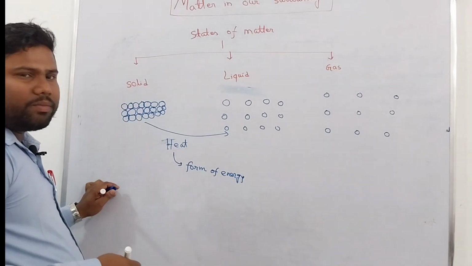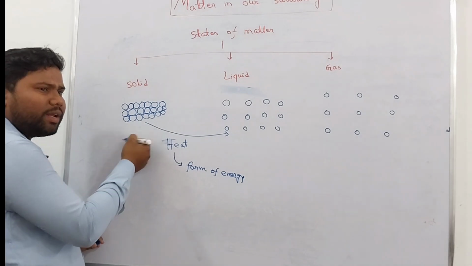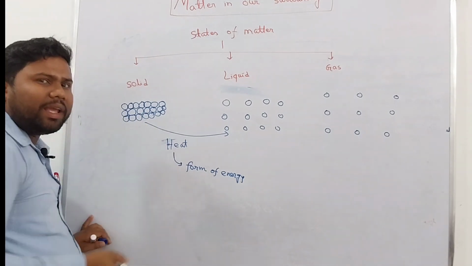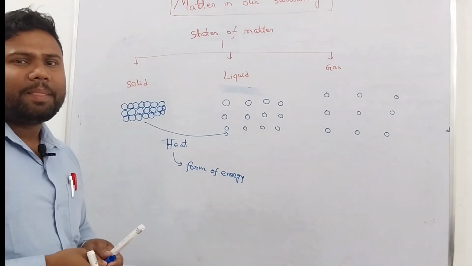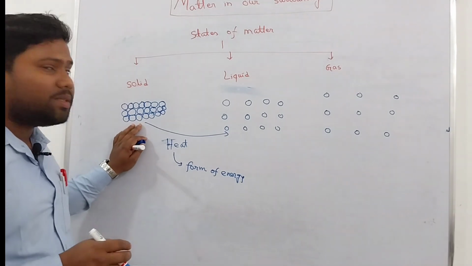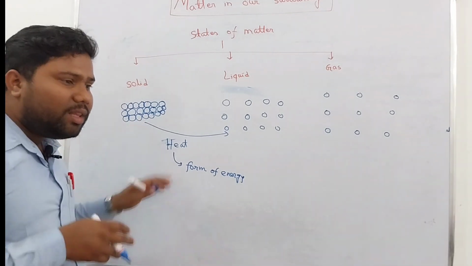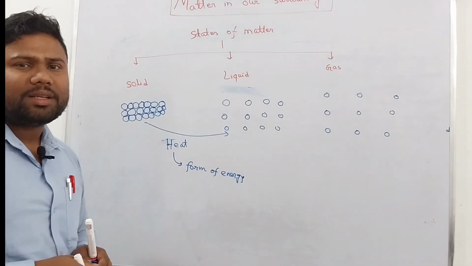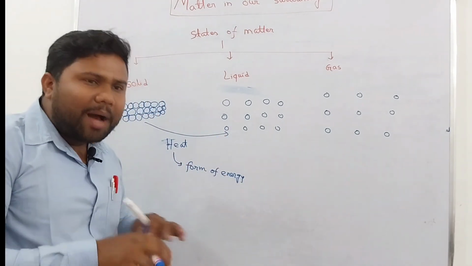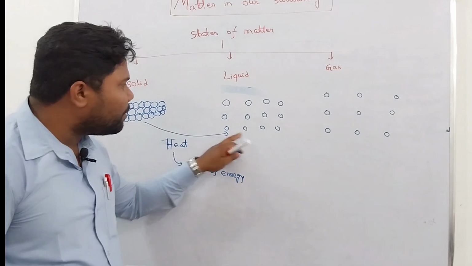So if you give heat from the outside, that means we are giving energy. And if we give energy to the particles, then these particles will be very energetic. And as you know, if the particles get more energetic, then there should be movement between the particles. And always particles will try to maintain some distance or some space between them.